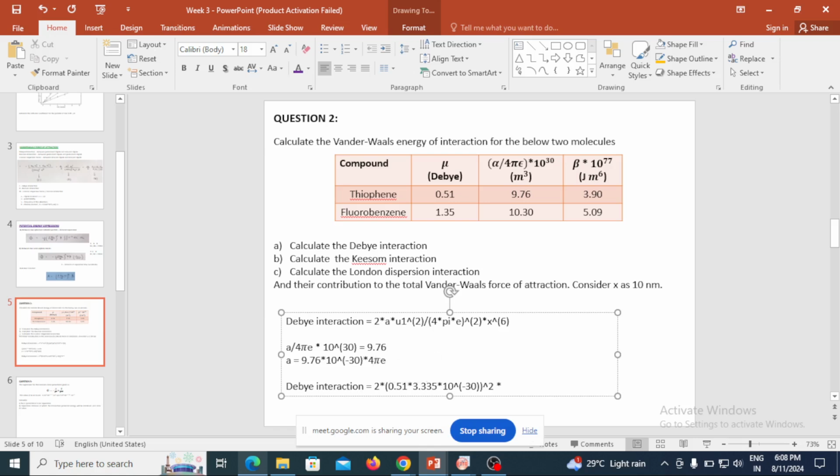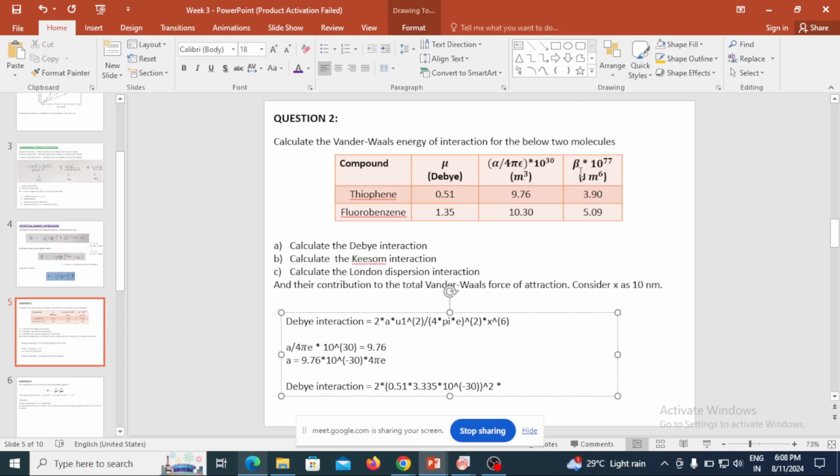So this is your value of alpha. This has been represented in the question this way so that it is easy for representation. So whenever you have alpha by 4 pi epsilon into 10 power 30.